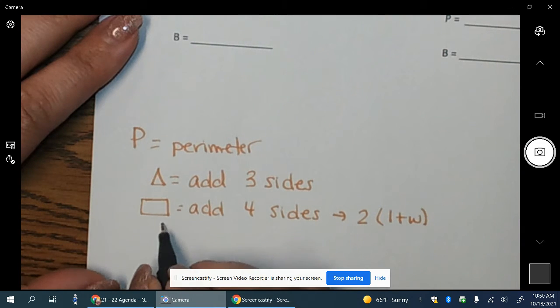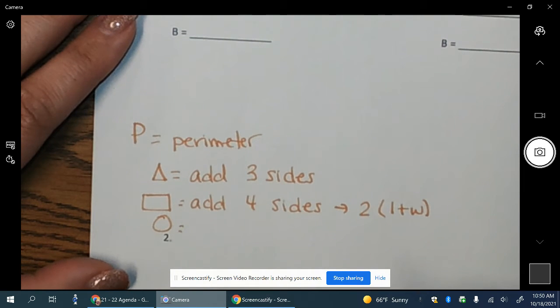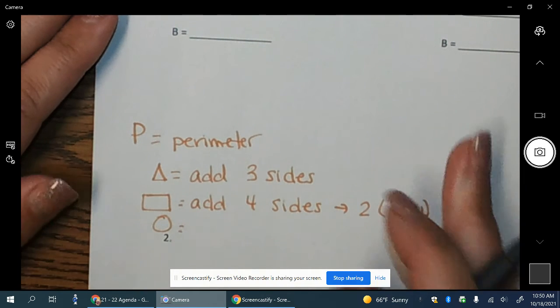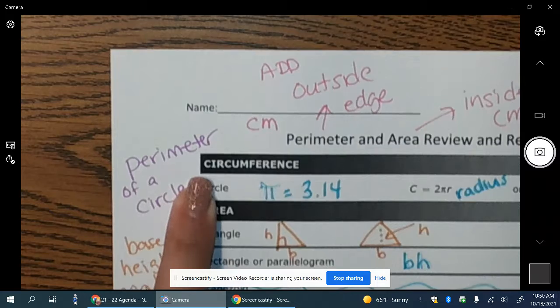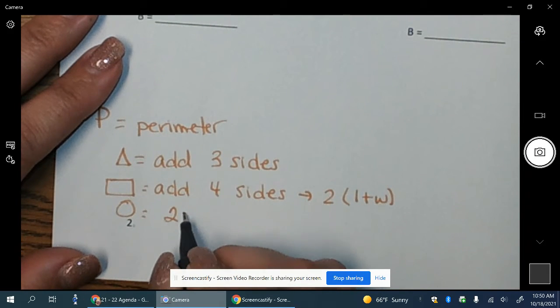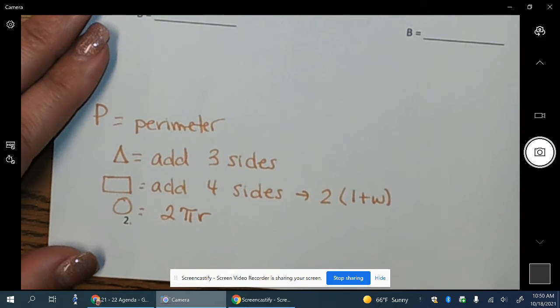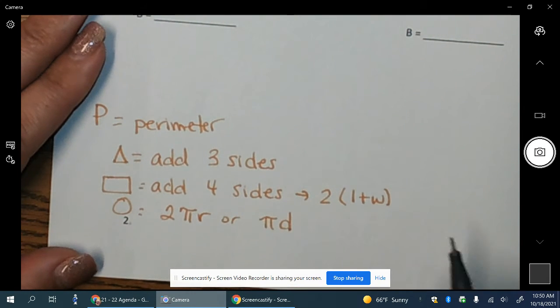And then finally, for a circle, what's another word for the perimeter of a circle? Circumference. So it's 2 pi r or pi d.